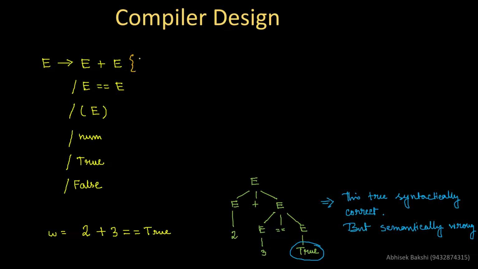So I can write something like: if E dot type equal E dot type, this is one criteria. Another criteria is E dot type has to be integer.